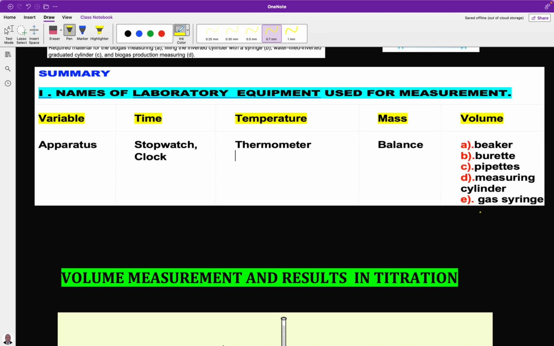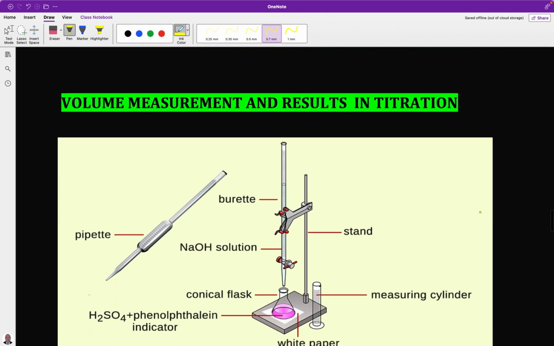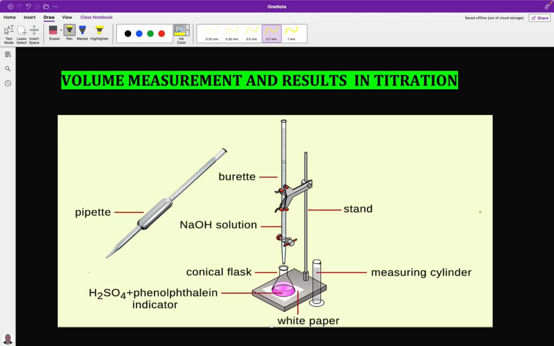I am talking of titration. Titration is one of the methods we use to measure the accurate volume of the titrant that will react with the analyte.